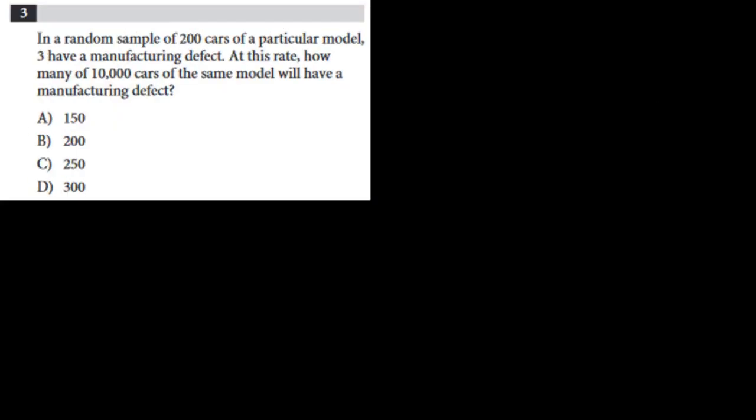Okay, for this one it's the same idea. So there's going to be 10,000 cars for the question. There's 200 cars, and 3 have a manufacturer defect. So I can do the tic-tac-toe board again. So I know it's going to be car 1, car 2, and then on the left side we can label it cars.